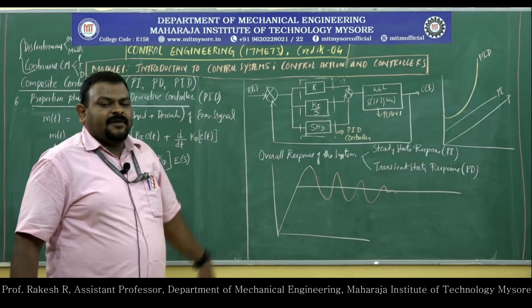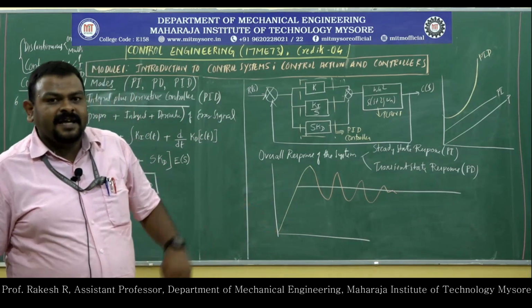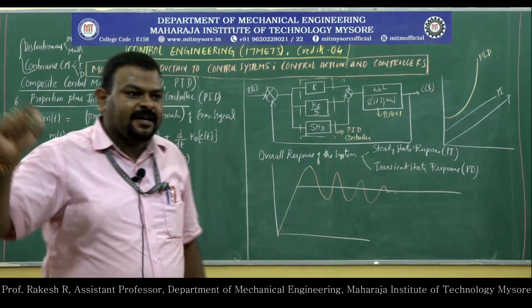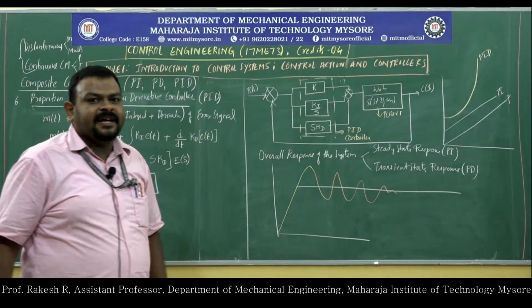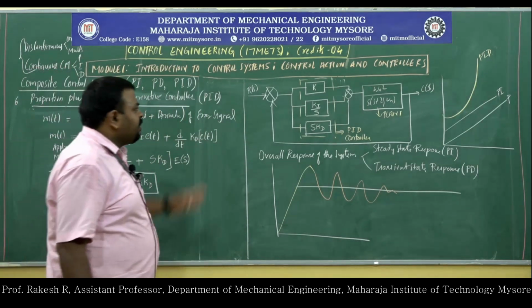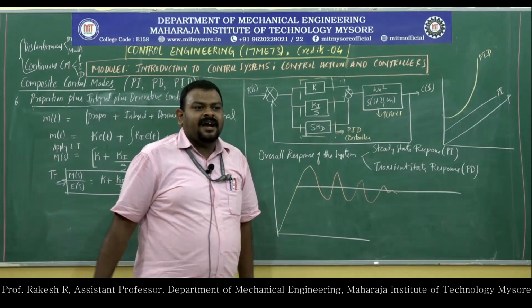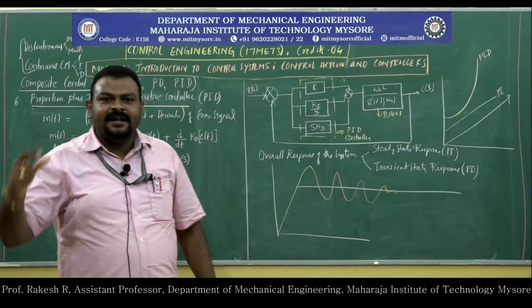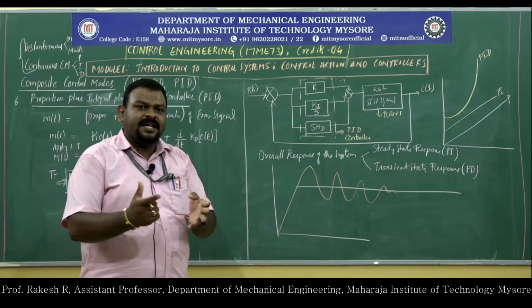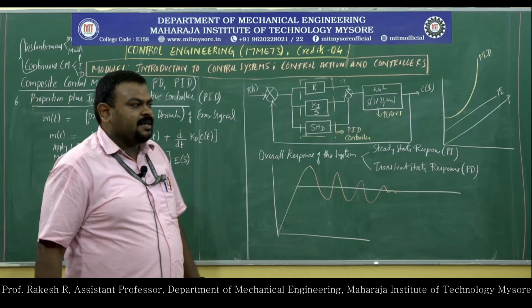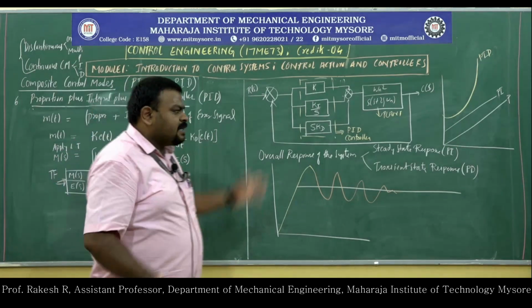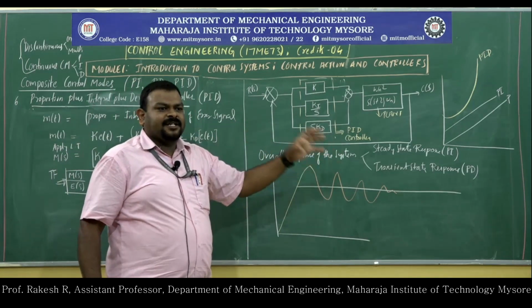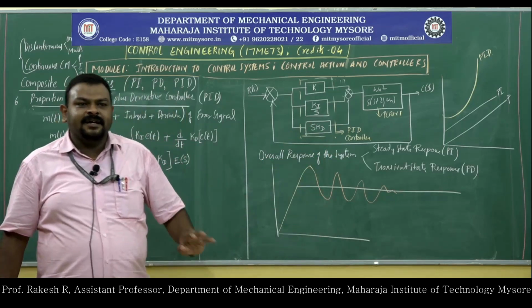So the advantages and limitations of the PI controller and the limitations of the PD controller give the advantages of the PID controller. The only limitation of the PID controller is cost and number of components. The PI controller will have some network, the PD controller will have some network. Those network costs are more because of the number of elements. And essentially, in all control systems, we will be using the PID controller.